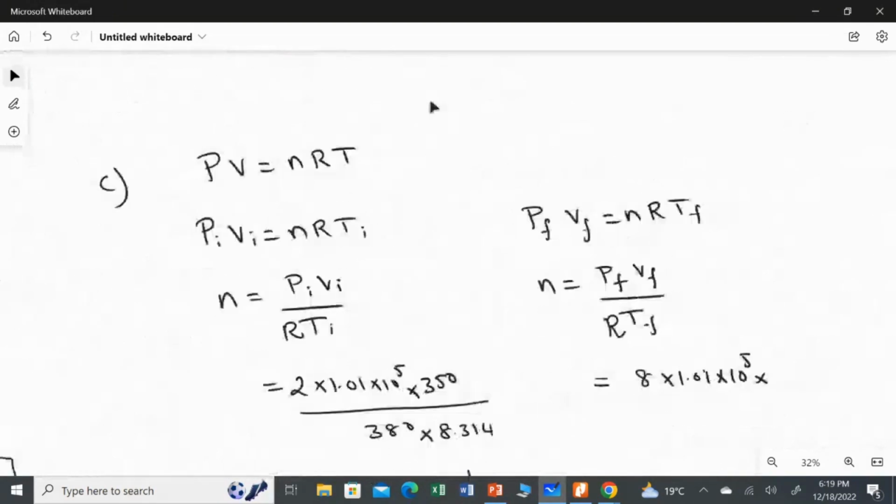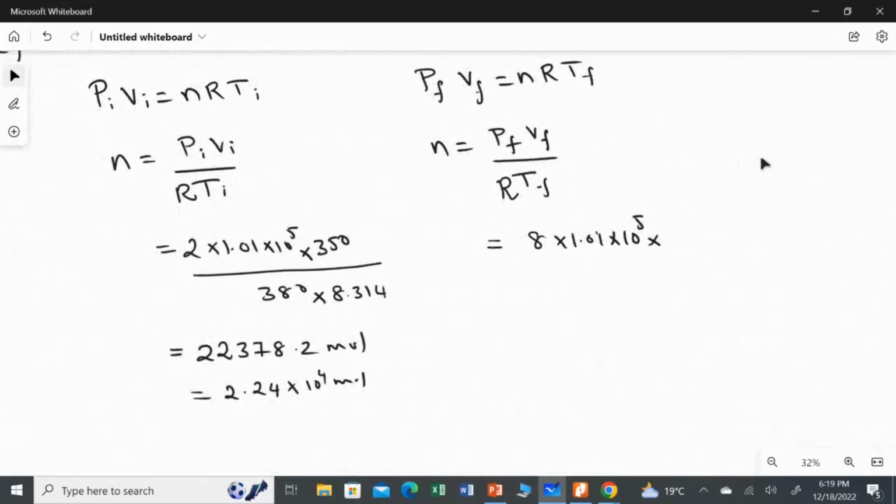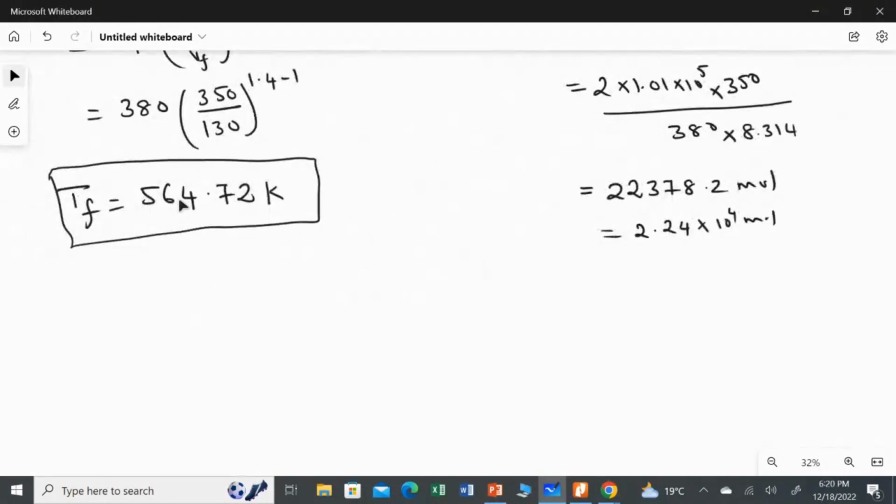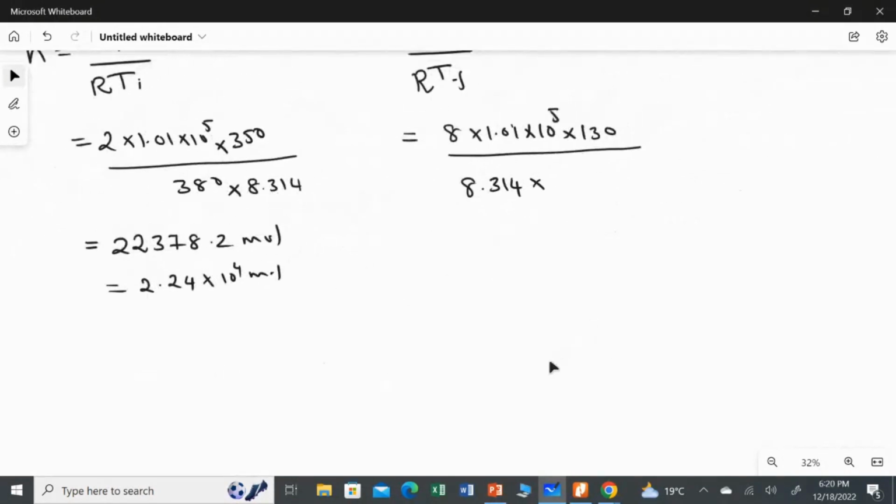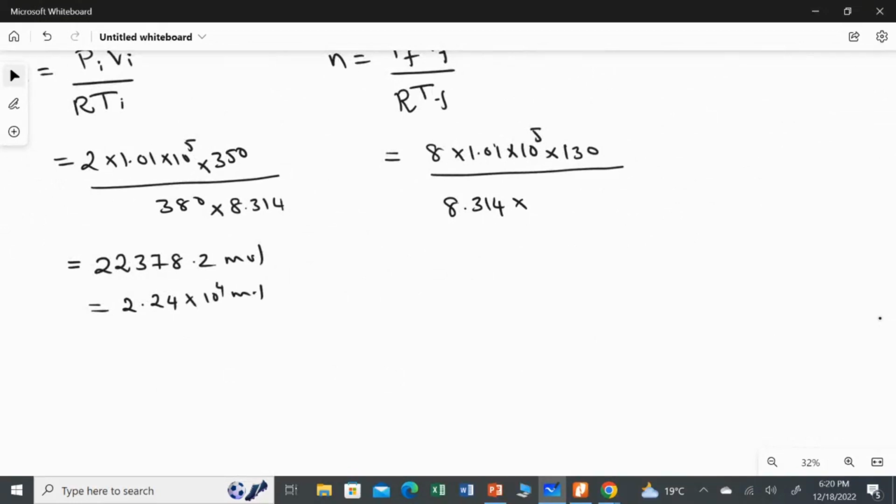Yeah, 130, over the gas constant 8.314 multiplied with the final temperature, because just before we found the final temperature as 564.72. So I'm going to use that value, 564.72. Let's see whether we will get the same answer or not.